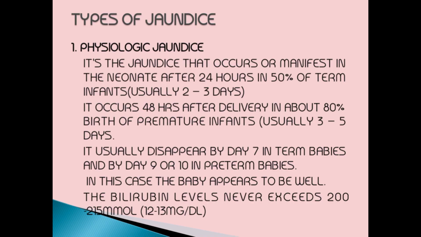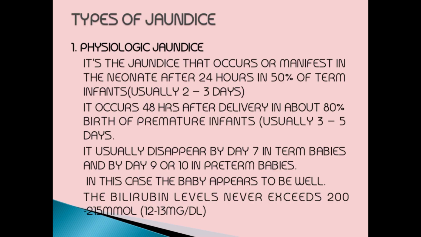Now, if you say physiological jaundice, you are going to say it may manifest in neonates after 24 hours, in 50% of infants, usually at 2 to 3 days. So physiological jaundice only occurs after 24 hours of birth, and mostly it occurs in 50% of term infants, usually at 2 to 3 days.